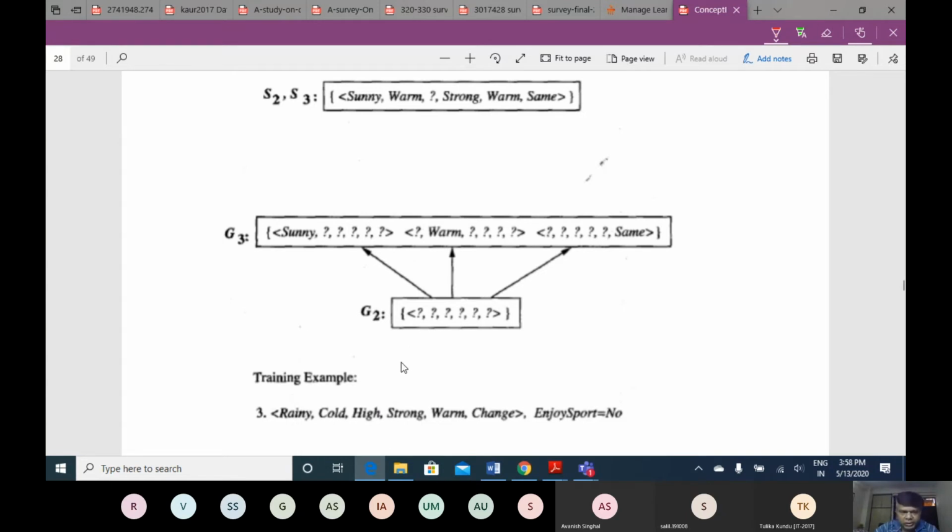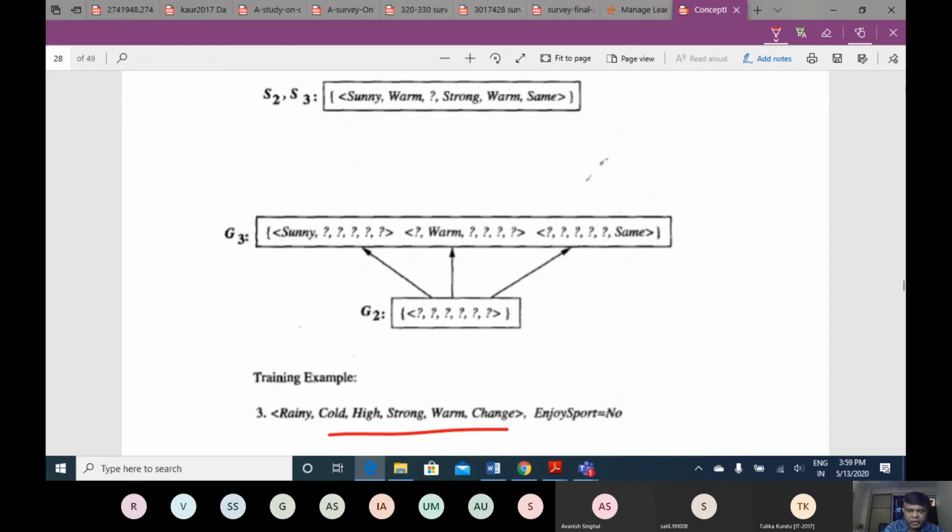So how will we do this? We will consider each one of them one by one. So Sunny, with Sunny we cannot include all of these. Okay, so we can include Sunny, so this is most general, so we can have Sunny here and a question mark here. Since rainy and sunny are different, we don't allow rainy in this place. We can allow sunny in this place with all possible other values.